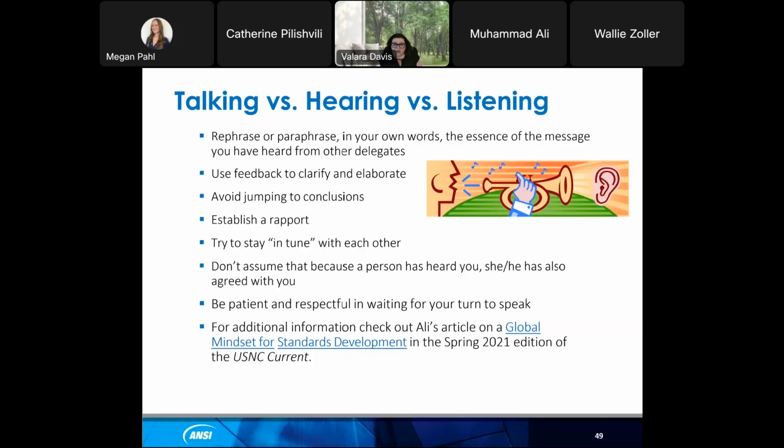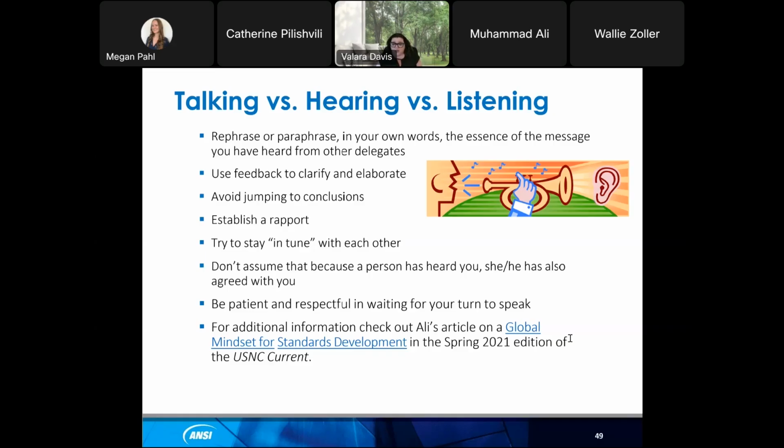Avoid jumping to conclusions. I talked about having the travel companions meet each other in social events, but establishing rapport with the other committee members is also important. As I said, that can actually help you align positions with other committee members within other countries and within the US as well.